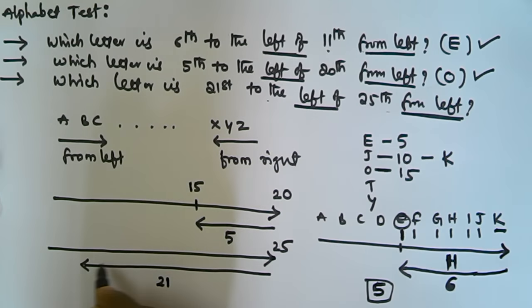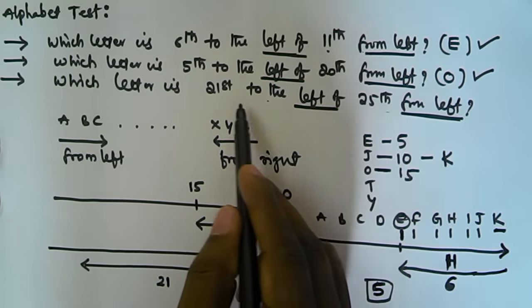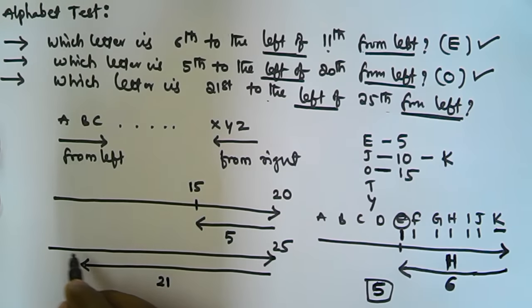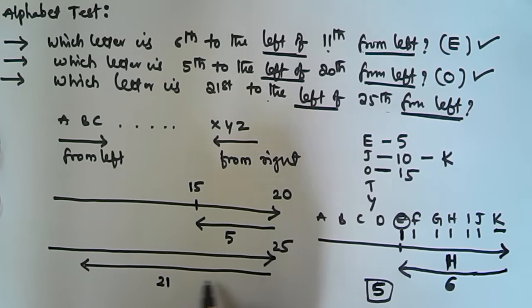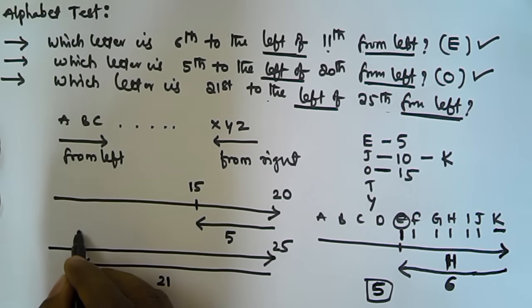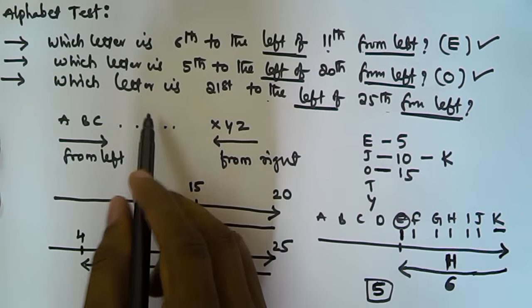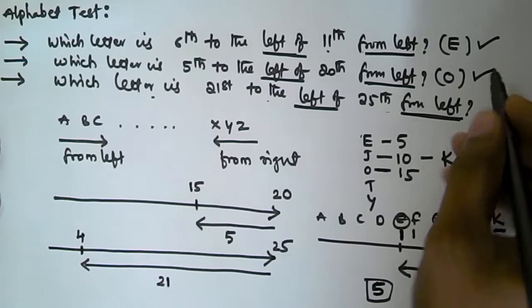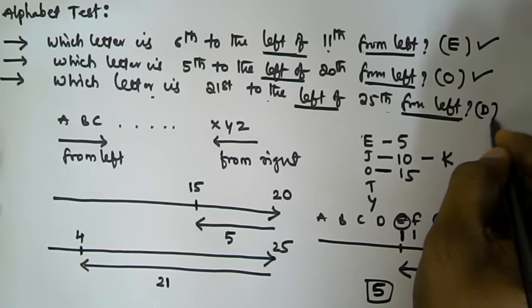So we move 21 positions left because it is asked 21st to the left of the 25th. So this one is 25 in this direction, and in this direction we move 21. If you subtract 25 minus 21, we will get 4. So the fourth letter is the answer to the third question. What is the fourth letter? E is 5, so D is 4. So for this one the answer is D.